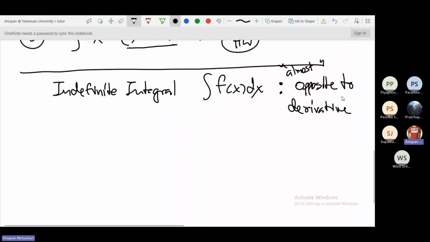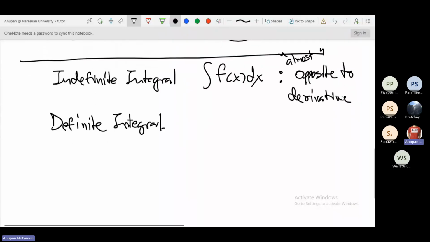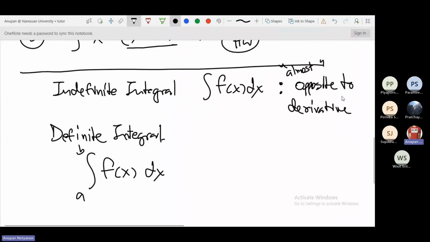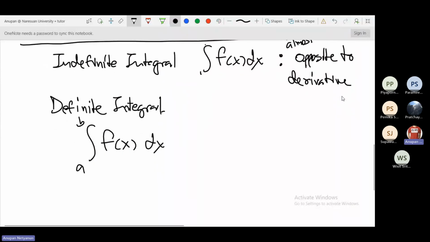Now, the next thing that we would like to talk about is the definite integral. So what you will see is something that looks like this: the integral from a to b of f(x) dx. You can see that you have the running numbers here. And actually these numbers are for x.